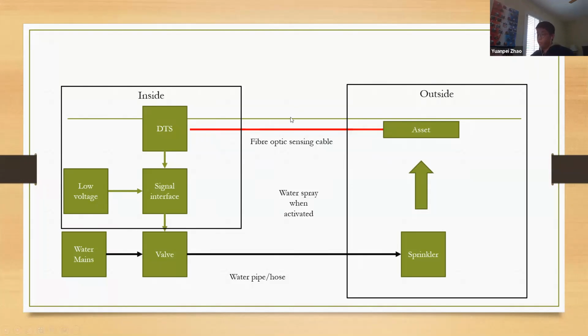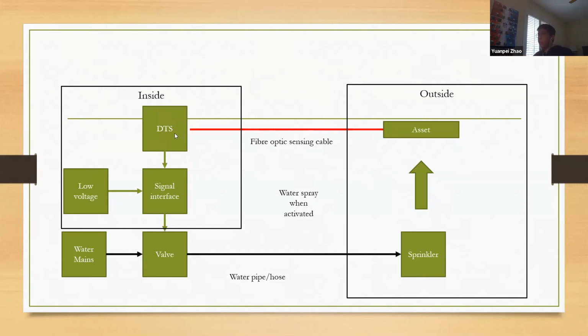So when, for example, a fire happens and some high temperature occurs over here, it's going to get detected. The optic cable backscatters to the DTS, and the DTS runs the algorithms.